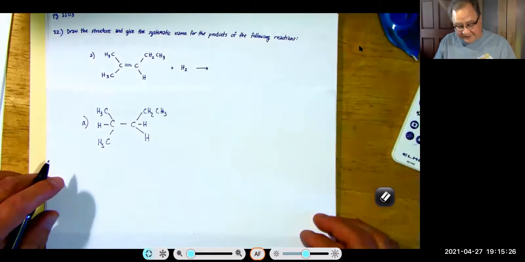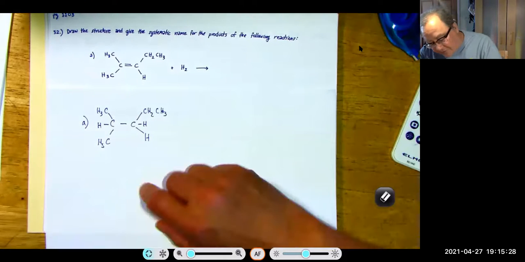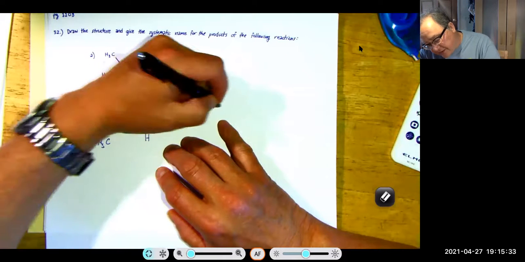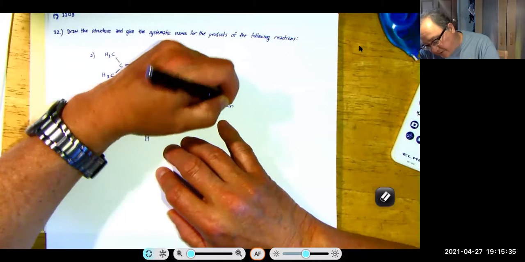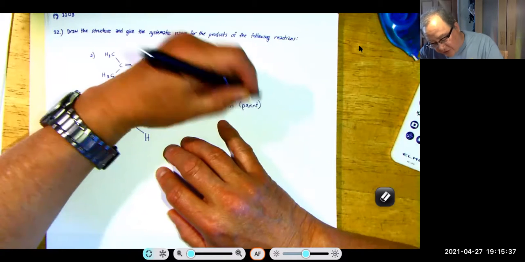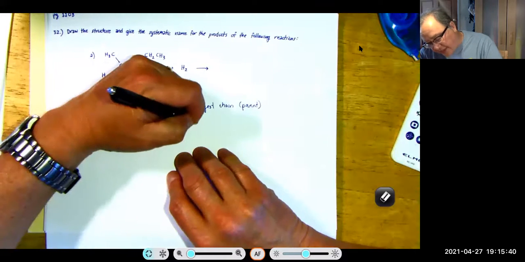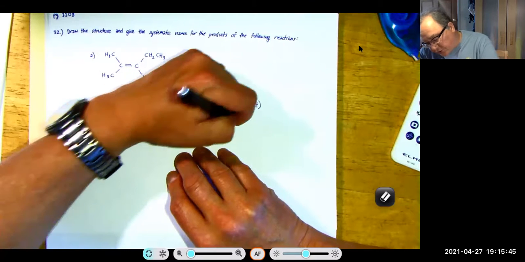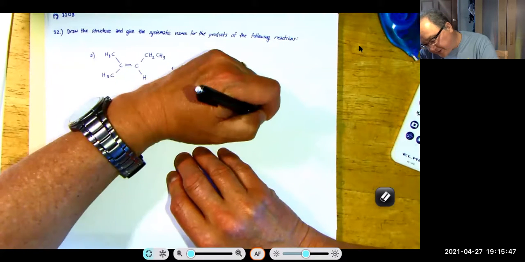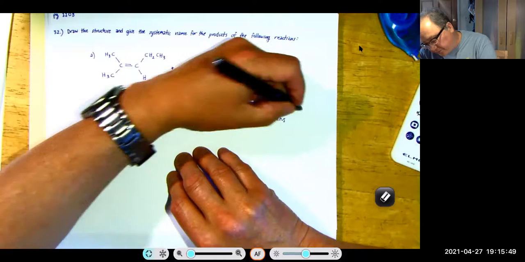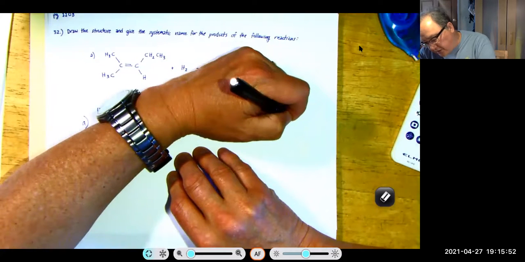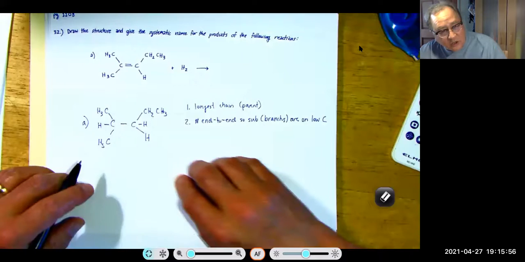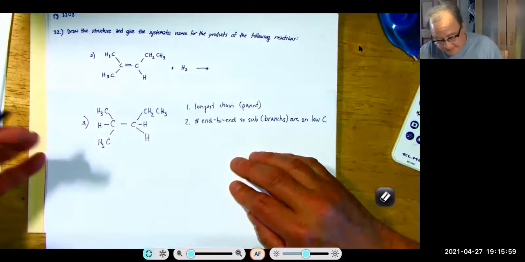Now let's name this. So to name it, you find the longest chain, and that's the parent name. And then you number end to end, so the substituents or branches are on low carbons, like you want them on carbon 1 or 2 or 3 rather than 7 or 8.